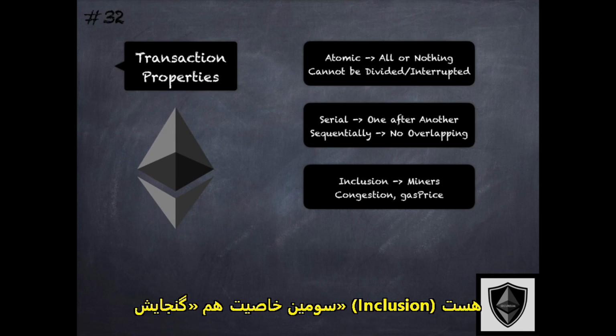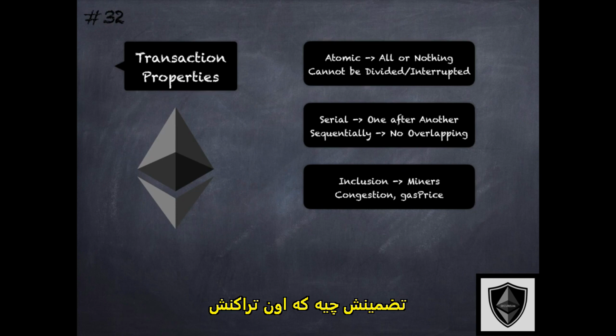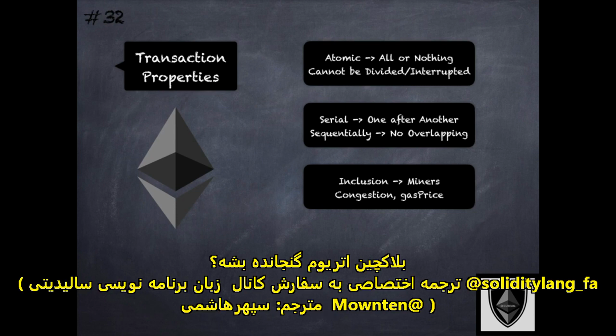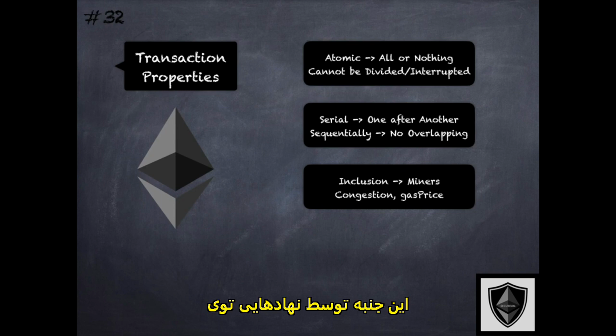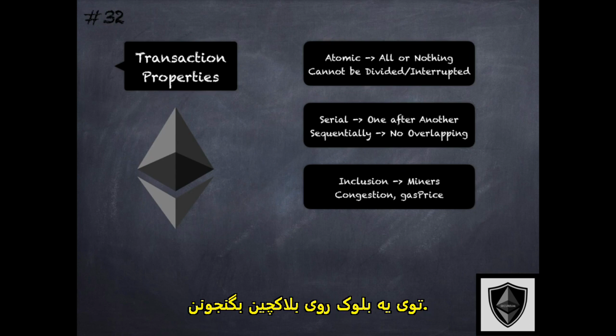The third property is that of transaction inclusion. So when a user submits a transaction, what is the guarantee that it gets included within one of the blocks on the Ethereum blockchain? This aspect is controlled by entities on the Ethereum blockchain known as miners. We'll talk a bit more about them. Miners run Ethereum nodes and they decide which transactions to include within a block on the blockchain.